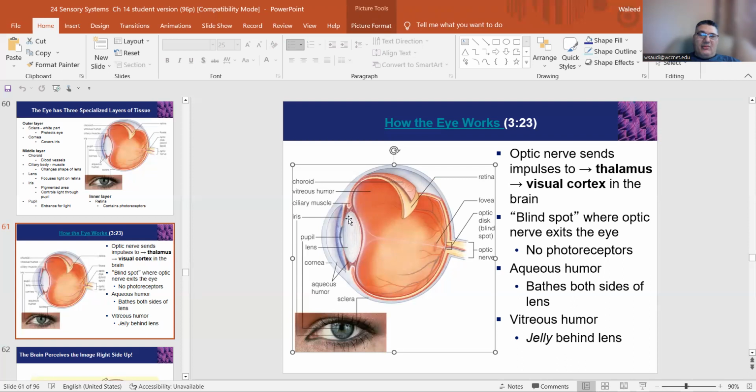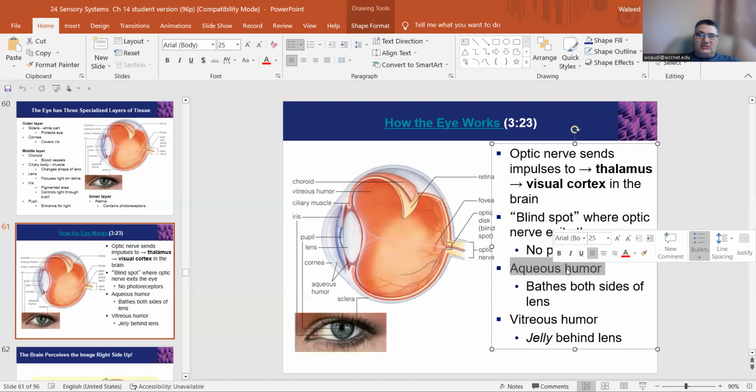How about in front of the lens? The small one. Yes, the small one is called the anterior cavity. And the anterior cavity contains aqueous humor. Is it the same? No, it's not the same. Aqueous comes from aqua, which is water. So the fluid filling the anterior cavity is called aqueous humor, which is this part.